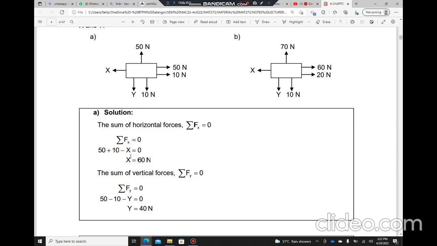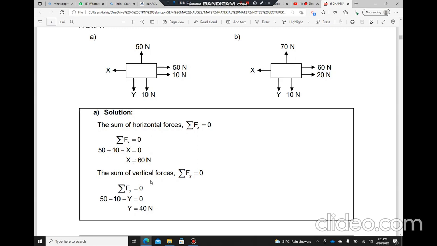So when you solve, it is equals to X equals to 60 Newton. So X ni dia mesti 60 Newton sebab dia mesti sama kiri dengan kanan ataupun jumlah ni mesti 0. So dia ada dua cara lah, awak boleh kira kiri kanan sama ataupun total kiri dengan kanan sama dengan kosong. Tapi kalau nak guna total ni, make sure direction dia kena ada positif ada negatif.